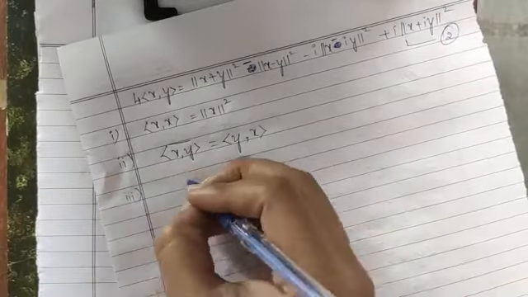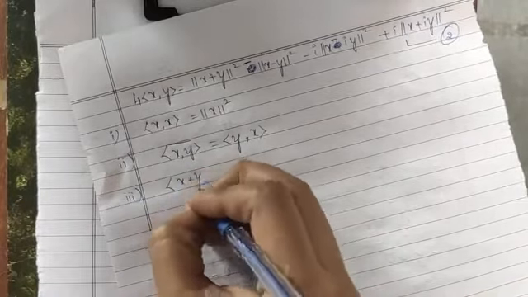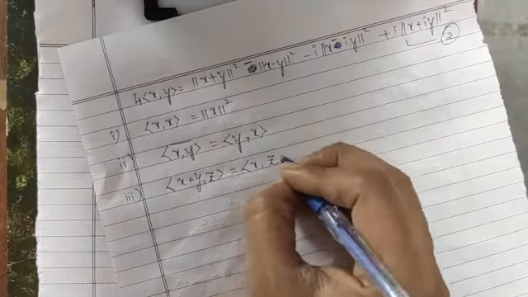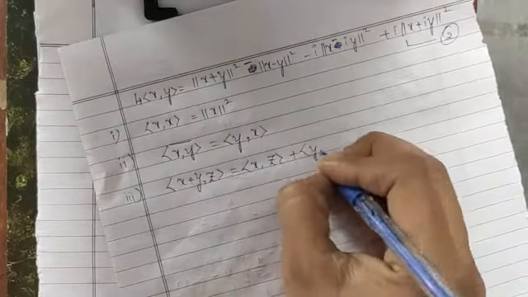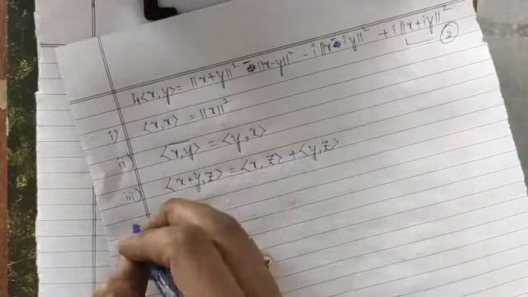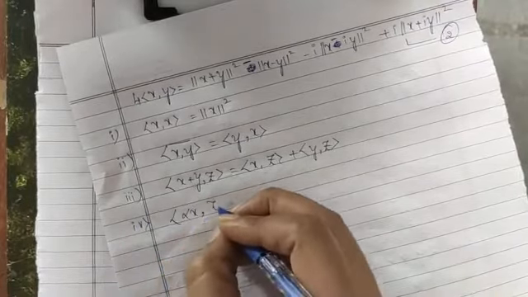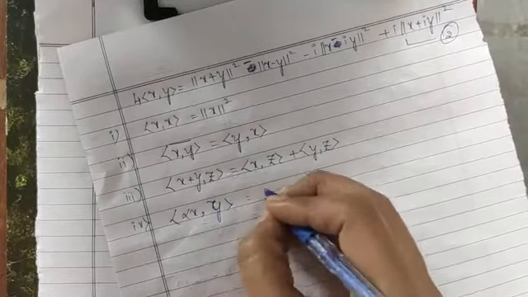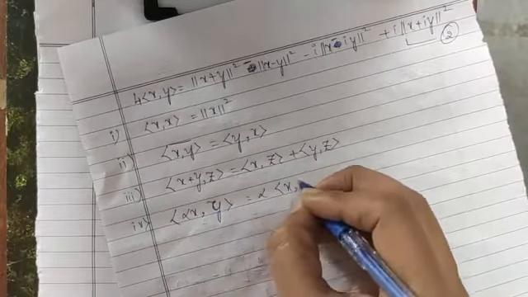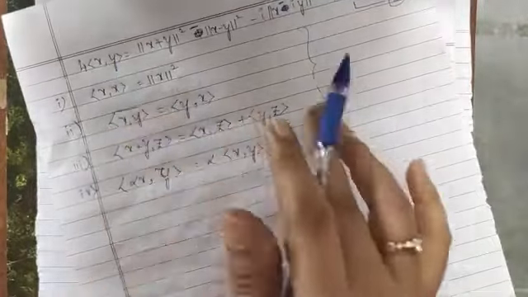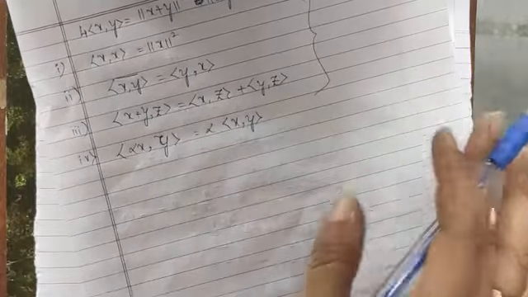The third property is the inner product of x plus y comma z is equal to the inner product of x comma z plus the inner product of y comma z. And the fourth property is the inner product of alpha x comma y is equal to alpha into the inner product of x comma y. We have to prove these 4 properties in order to say that B is a Hilbert space. Okay.